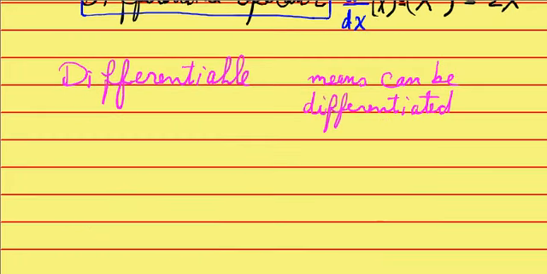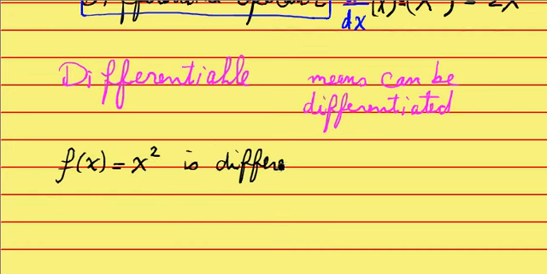So sometimes you say, let's use that in a sentence to see how it goes. We say f of x is equal to x squared is differentiable at x equals 3. What does that mean?